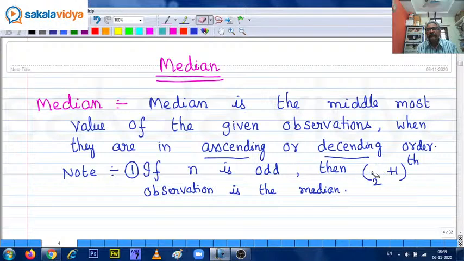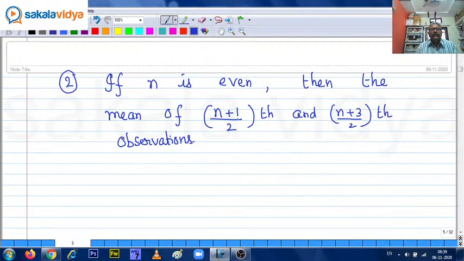The (n plus 1 by 2)th observation is the median.